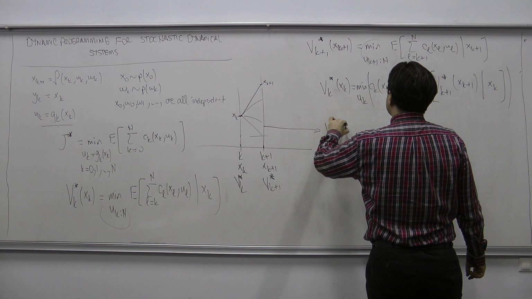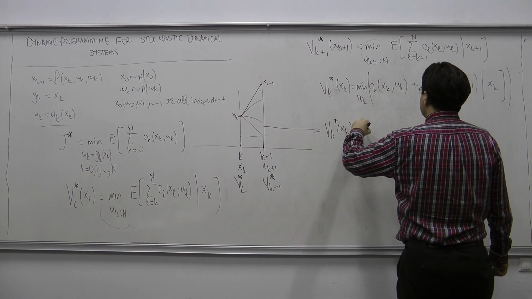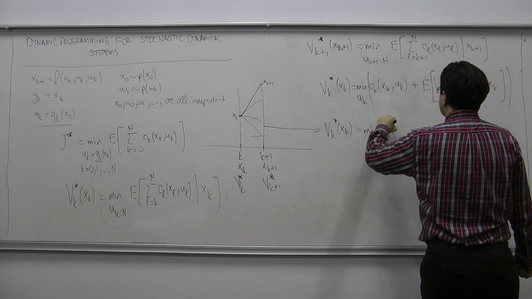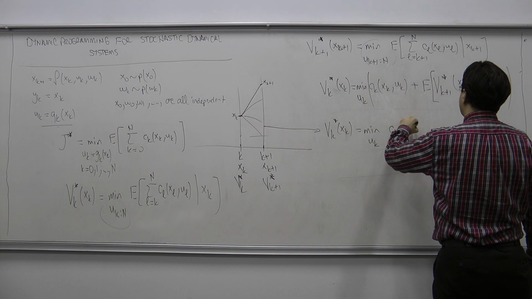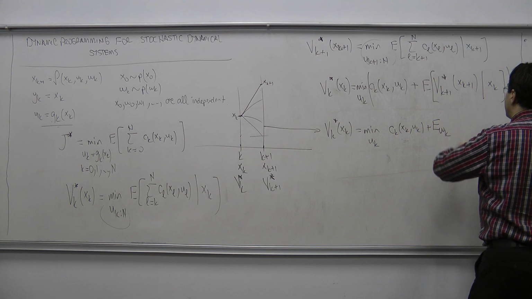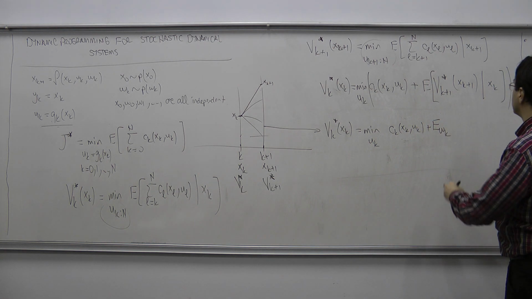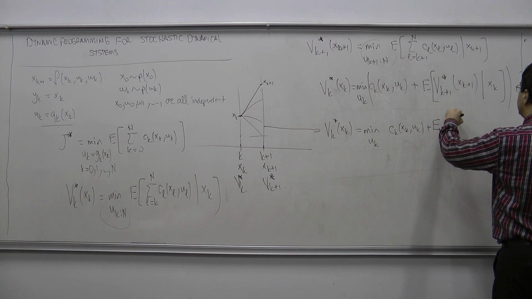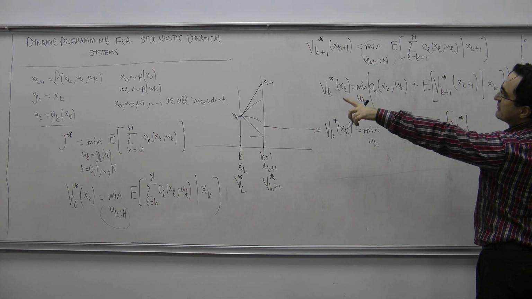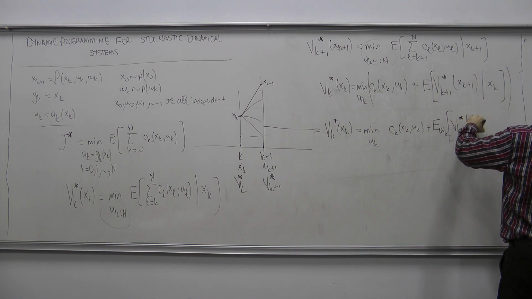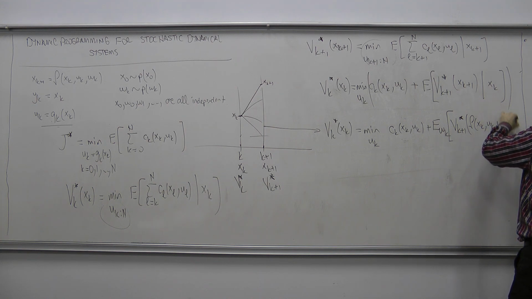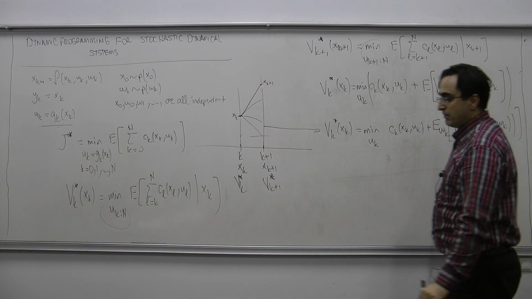Vk star of xk is equal to the minimum with respect to uk of ck of xk, uk plus the expected value with respect to the process noise wk of vk plus 1 star. Instead of xk plus 1, I would write f of xk, uk, wk, and that's all.